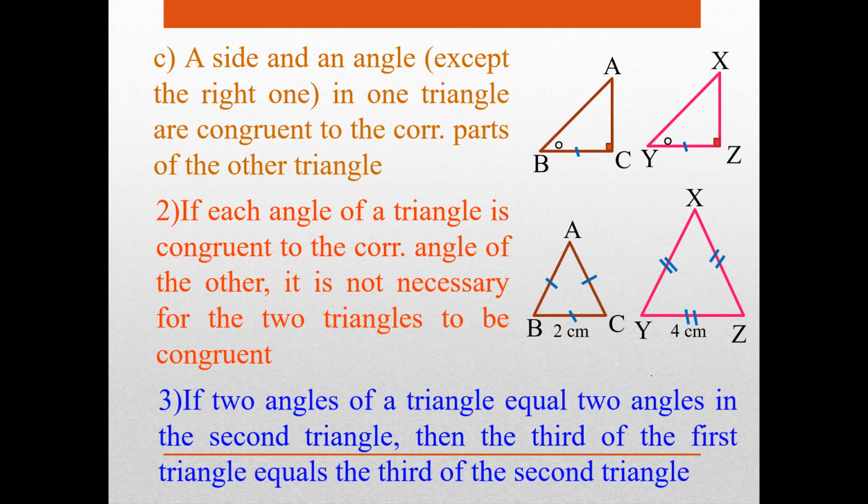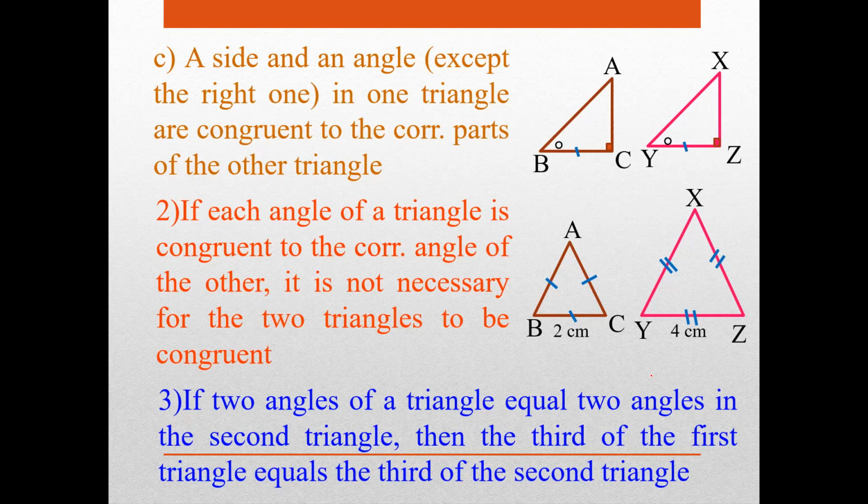If two angles of a triangle are equal to two angles in the second triangle, then the third angle of the first triangle equals the third angle of the second triangle. This doesn't make the triangles congruent. This case is just for finding the measure of the third angle.